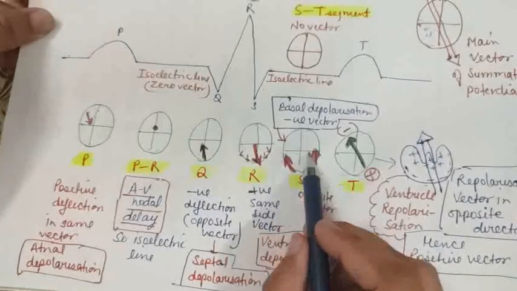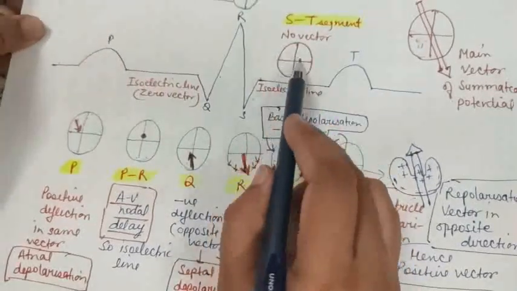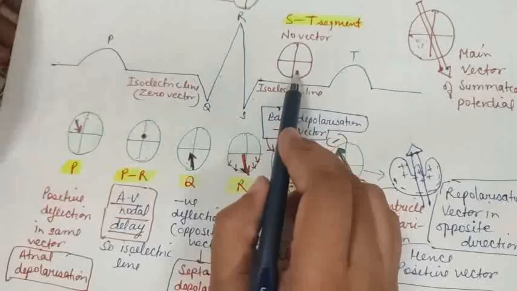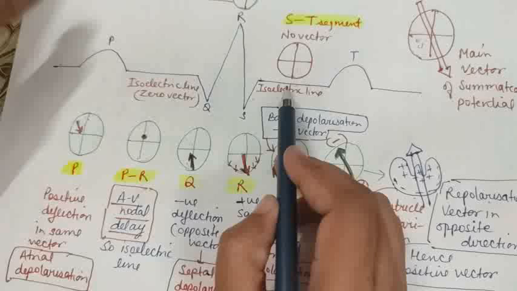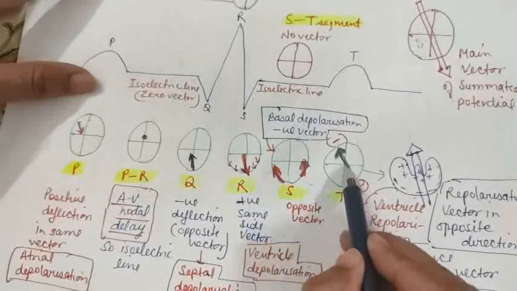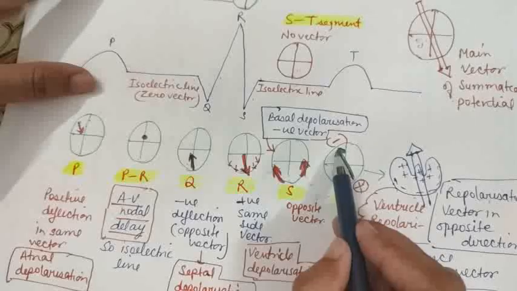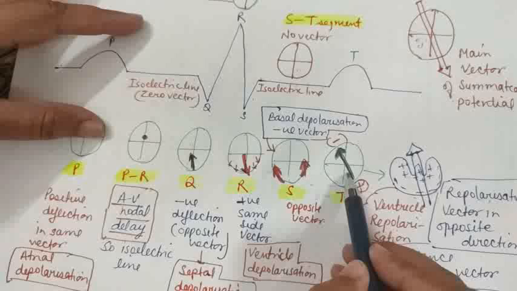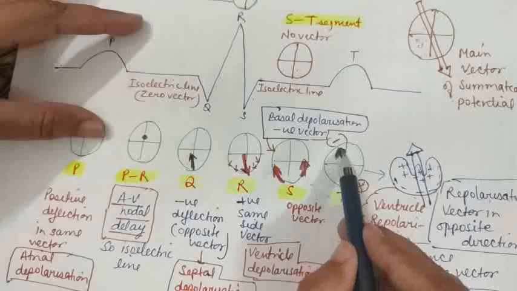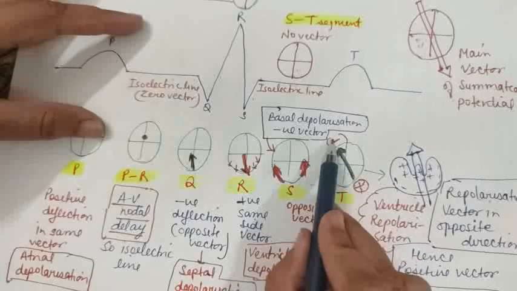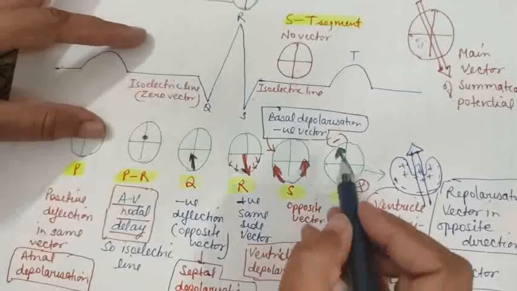After that, once depolarization is complete, there is no depolarization moving in any direction, and repolarization has not yet started, and that's why again this is an isoelectric line. Then afterward, the repolarization wave moves in the opposite direction, and since it is the opposite direction but repolarization, the movement of ion is the same.